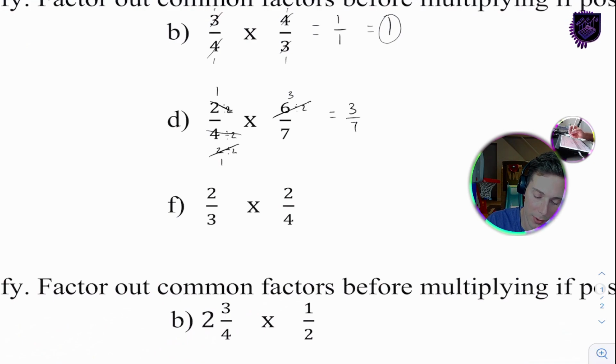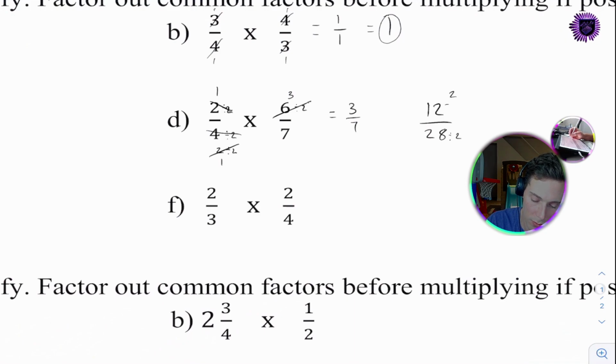Interesting. I'm going to do this one now. I'm genuinely interested. So we go 12/28. Common factor 2.